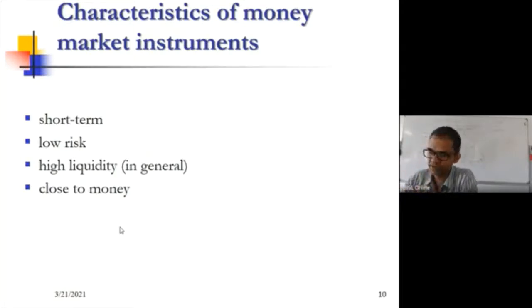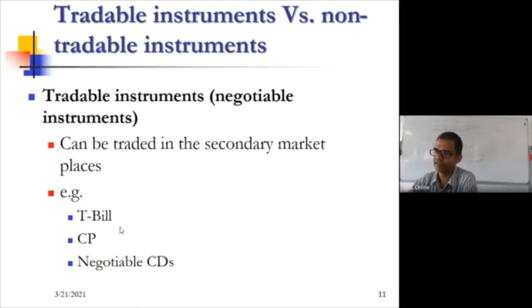If you keep money, you don't earn any interest, but in money market instruments, you earn some interest, and it's very close to having money. You can liquidate most of the investments and get money back, or wait only a few days and realize your cash flow. Then you have the liquidity. That's why it says close to money.